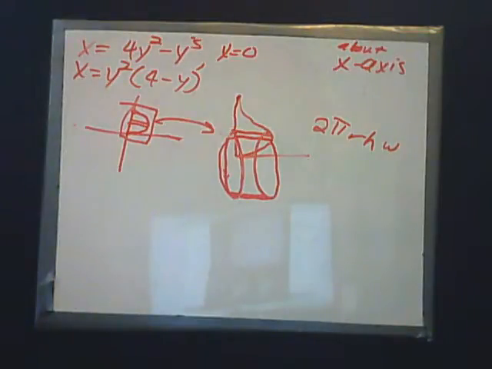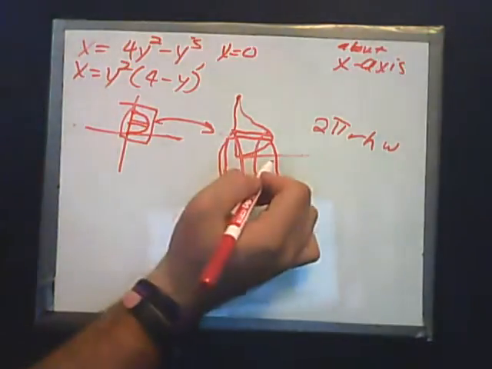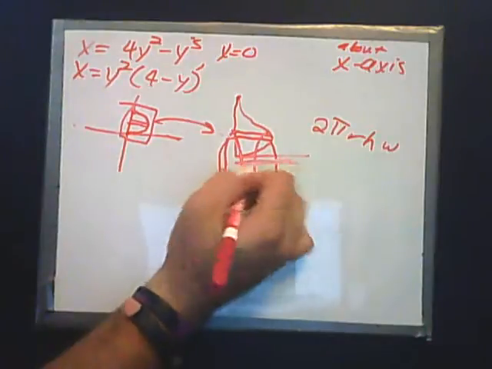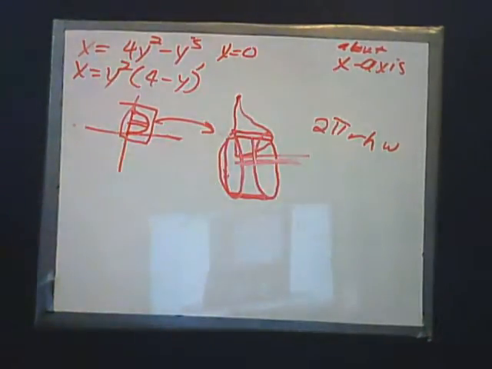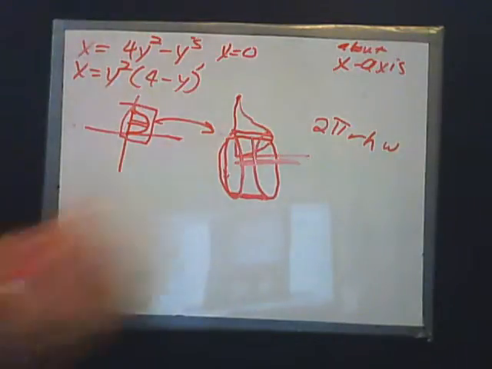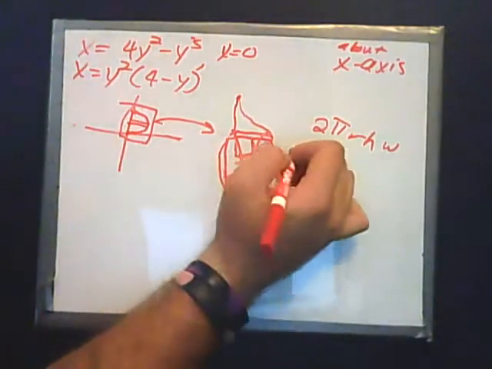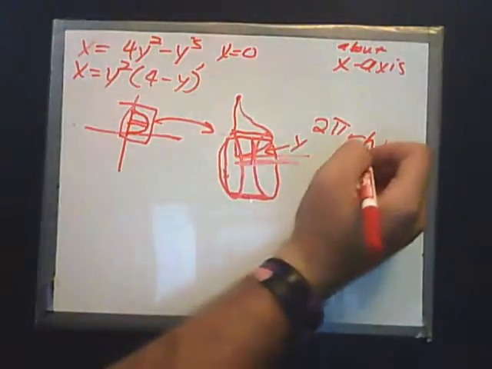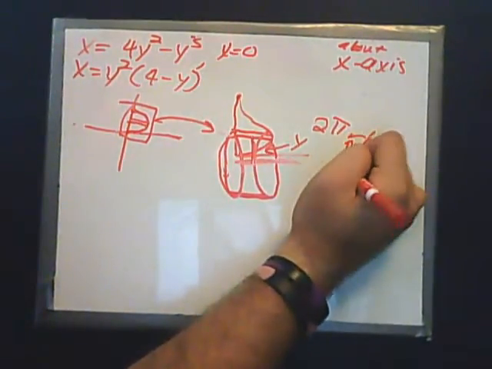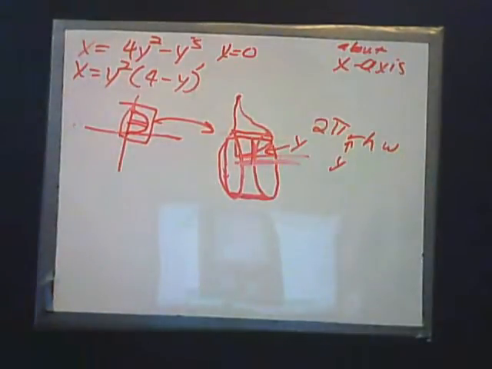Alright, so now the radius of our cylinder is just going to be from our axis of rotation up to the point that we have this thin slice, and this is a vertical displacement, and generally we call that y. So our radius will just be the distance y.